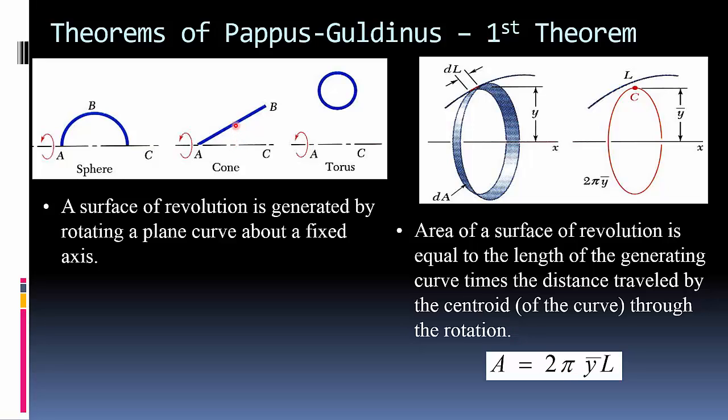So this is y bar times 2 pi, and that gives you the distance that this centroid right here will travel. Where's the centroid of this torus? Well, it's going to be right in the middle, right? And so it's going to be 2 pi times its centroid to tell you how long it traveled. And so the area is 2 pi times y bar, the distance that point travels, times the length of the curve itself.